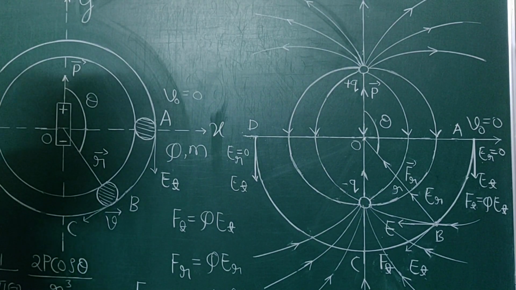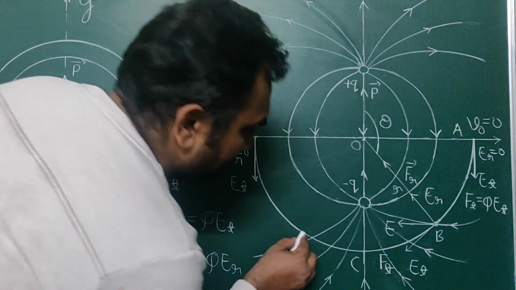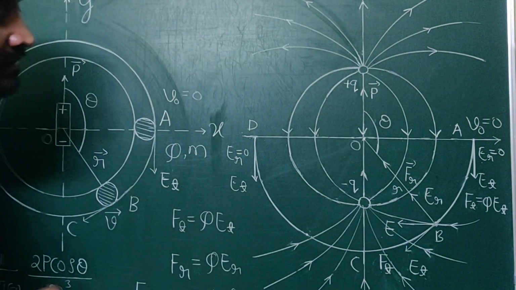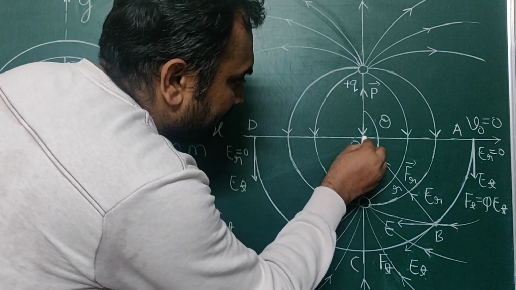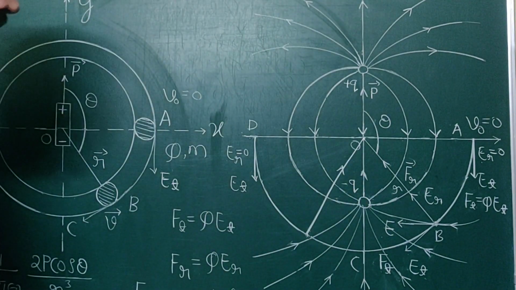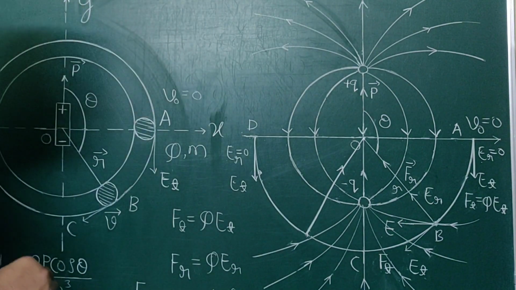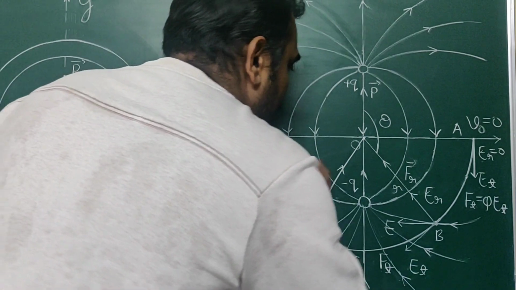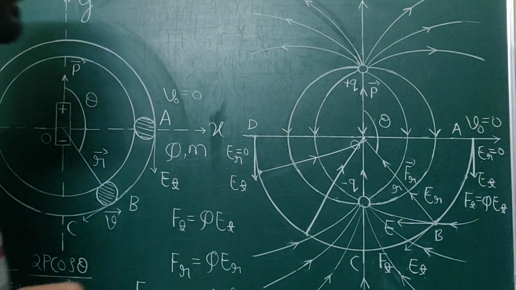Now, if the bead is here on the semicircular path, it will experience a radial force towards the center in this direction. Now, if the bead is here on the circumference, it will experience a radial force towards the center in this direction.